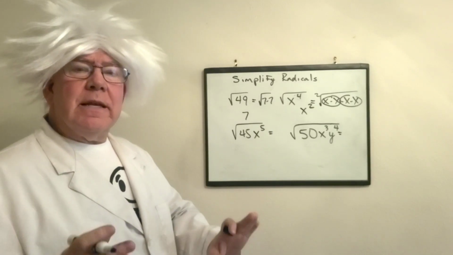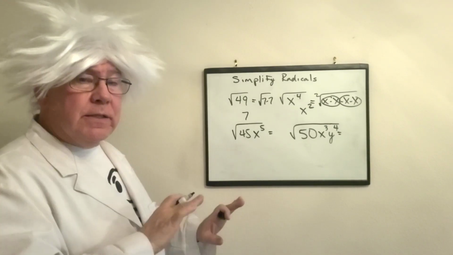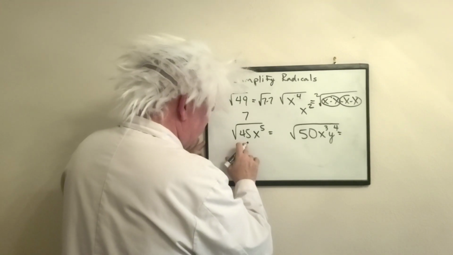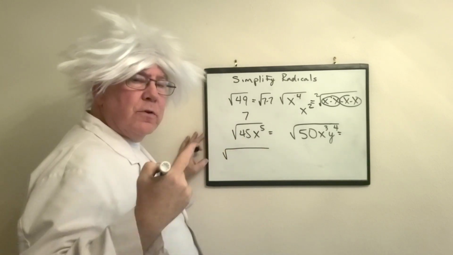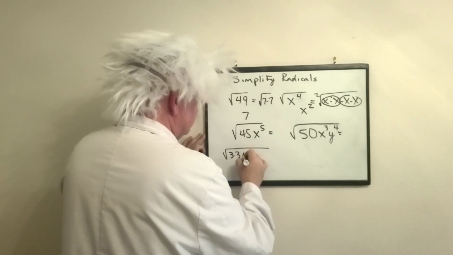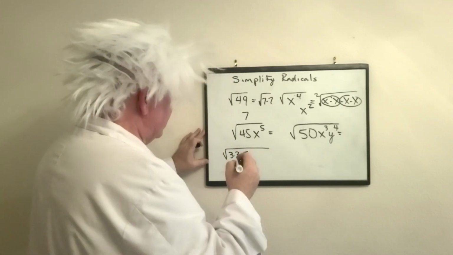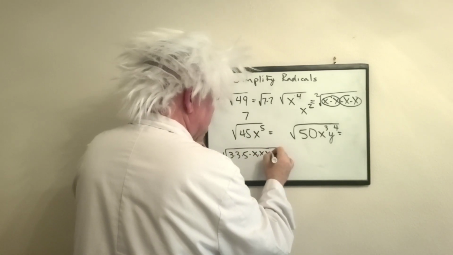Right now, this one's going to be a little bit more involved. So I'm going to do what we call prime factorization on this. Watch carefully because this gets long. So 45 x to the fifth: first of all, what's inside 45? 3 times 3 times 5. What's inside x to the fifth is x times x times x times x times x.